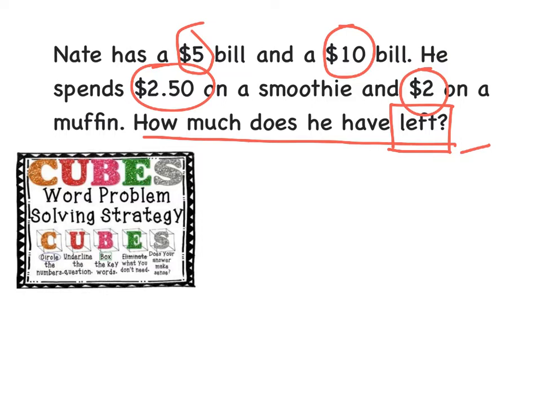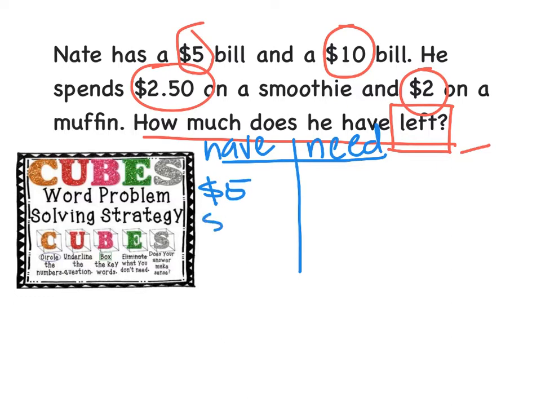Again, I'm going to make a have and need chart. What info do I have and what do I still need to find out? I know that he has $5 and $10, and he spends, so I'm going to put a subtraction sign because spending is taking money away.